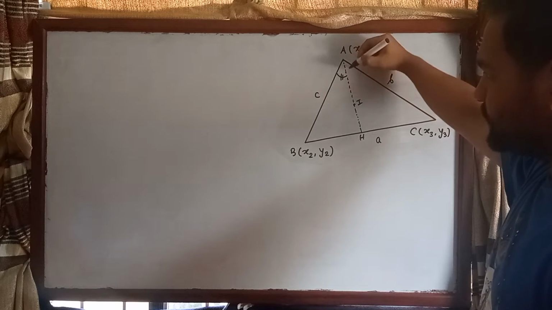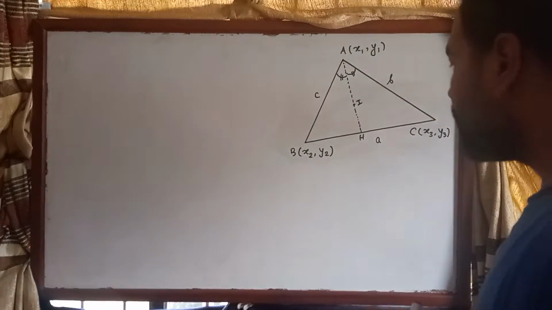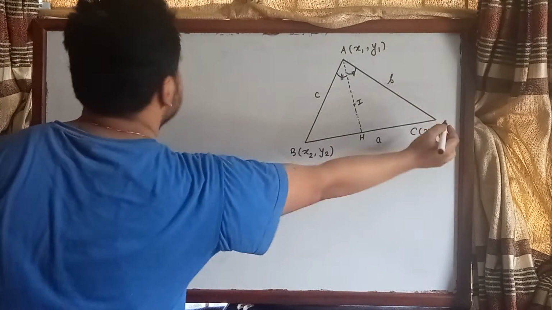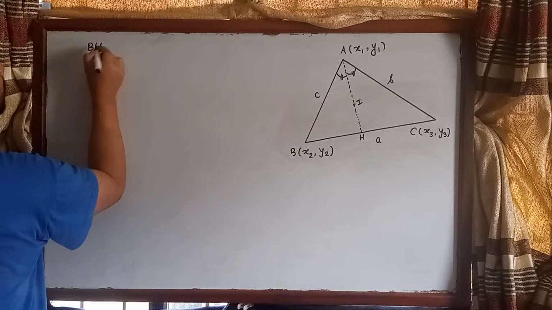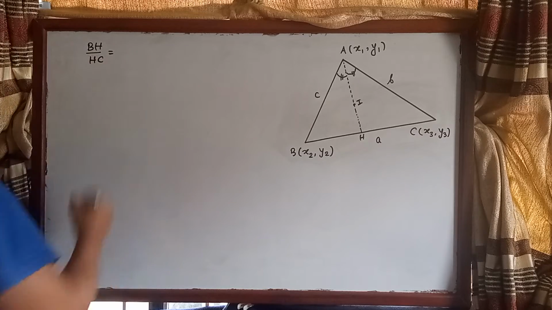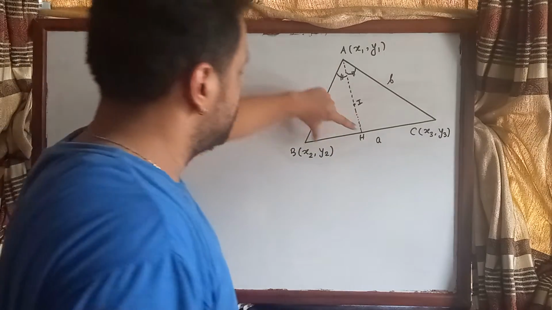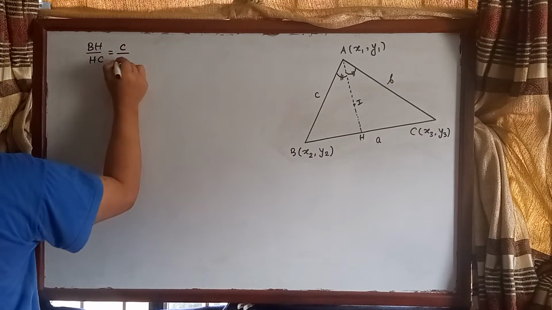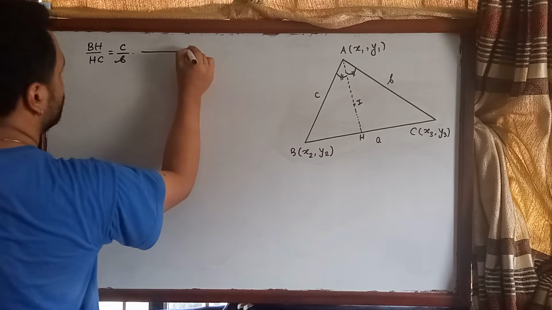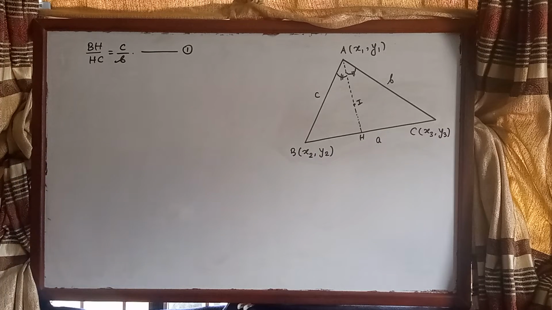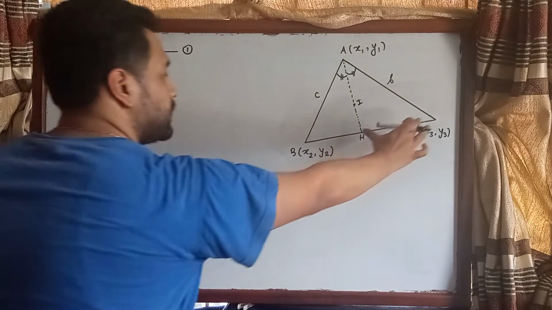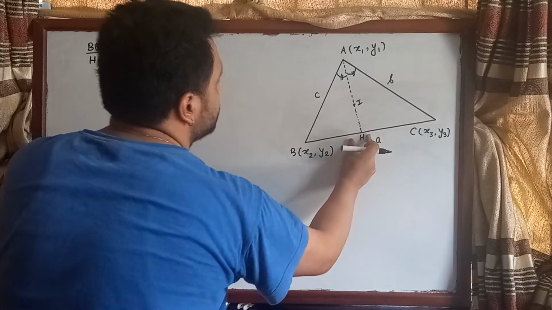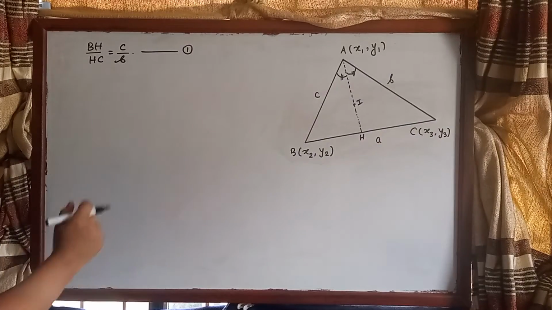Okay, so this is equal to this, and by the property we just discussed, we're going to have BH over HC is equal to C over B. Let's call it equation 1. Now we have this ratio, and using the section formula we discussed earlier, we can find the coordinates of H.